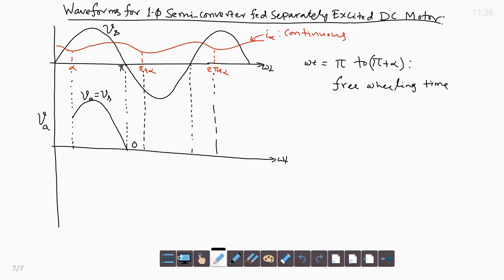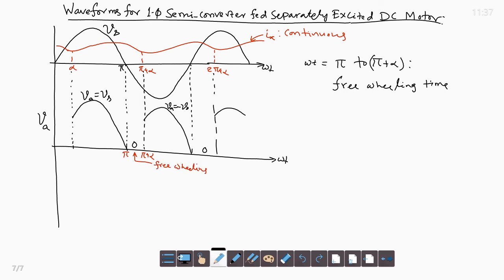Again from pi plus alpha to 2 pi, the other two thyristors are conducting. So, again V A equals minus V S, again 0, and it continues. So, you have 0 intervals during the freewheeling time, from pi to pi plus alpha.